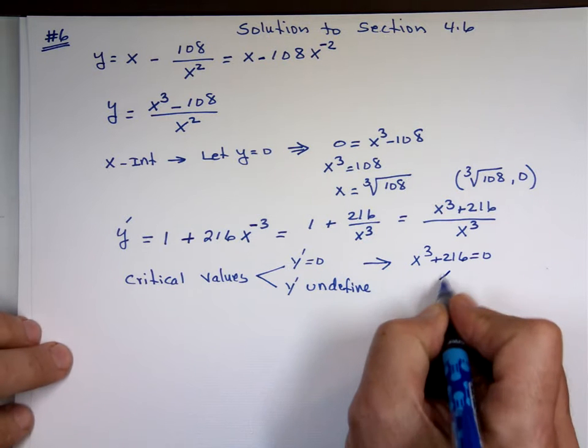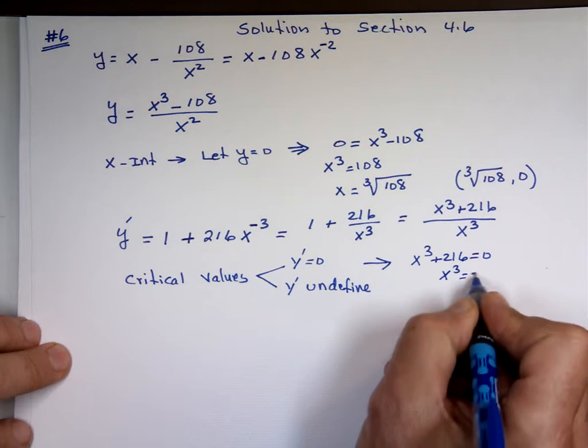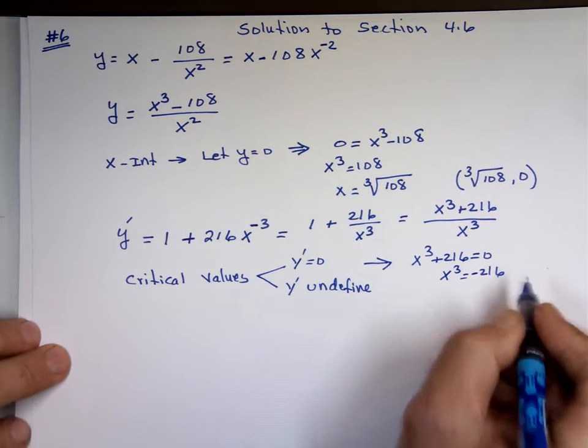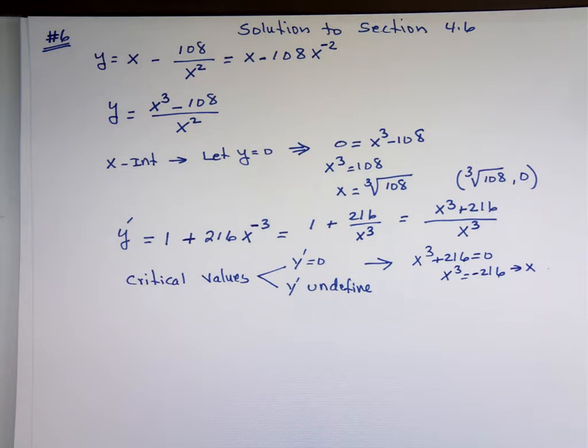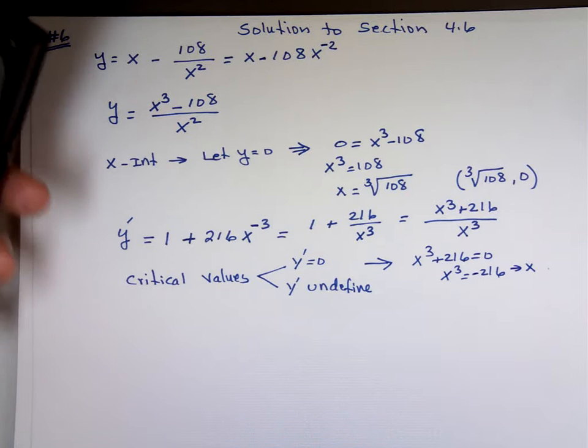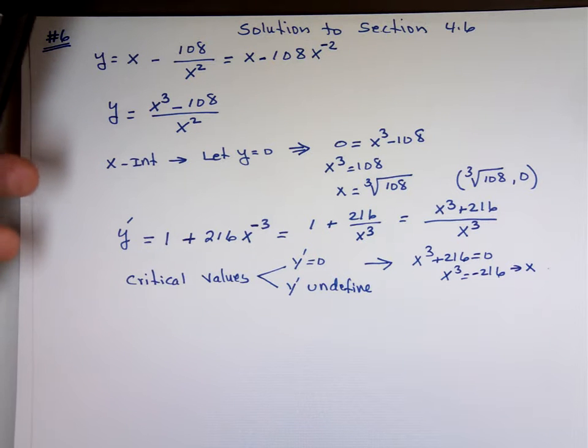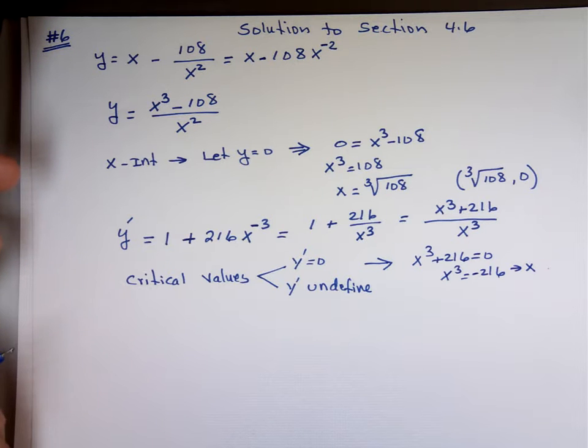That's when x cubed equals negative 216. Can we find what x is? What is the cube root of negative 216? It can be negative 216 in parentheses to the power of 1/3.